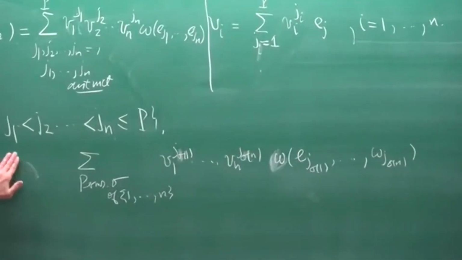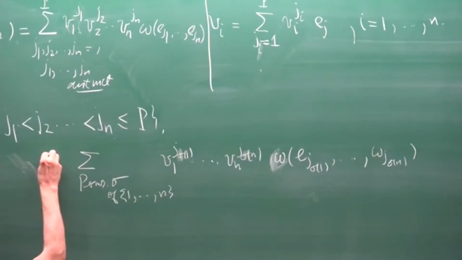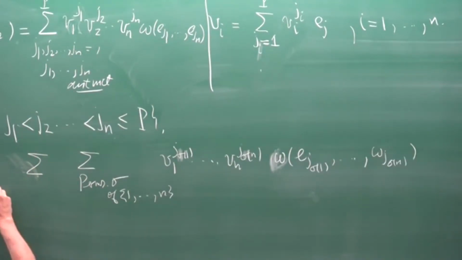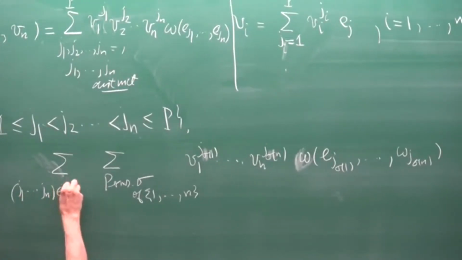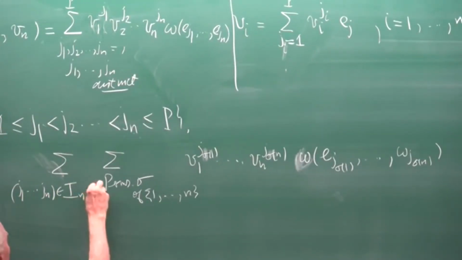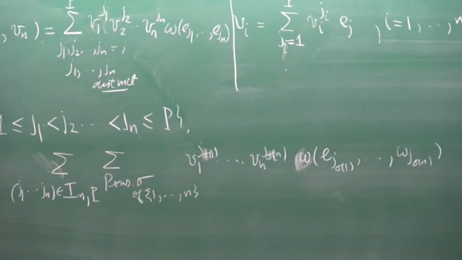And I forgot, we've got to keep track of these. Oh, there they are. And then we've got to sum over all j1 up to jn in I n p. That's these guys. Okay, good. Now, that still doesn't look too great.